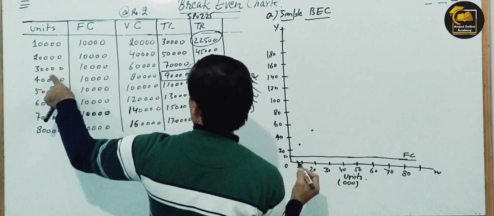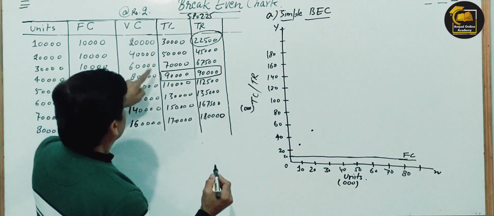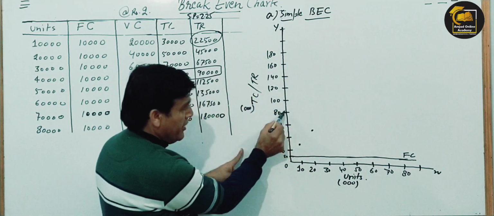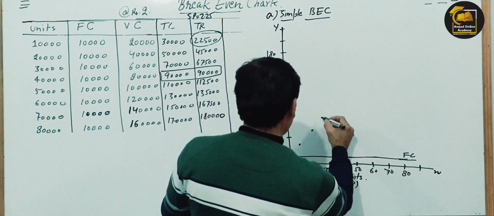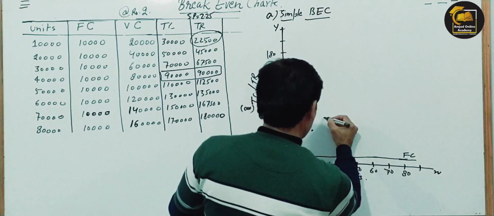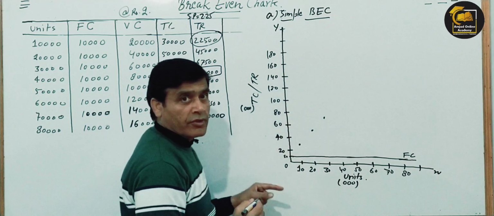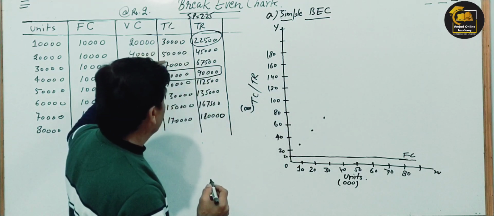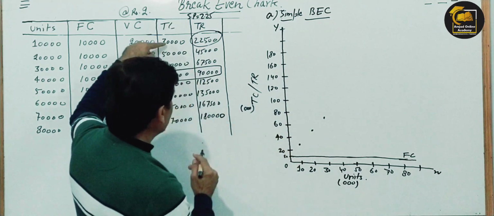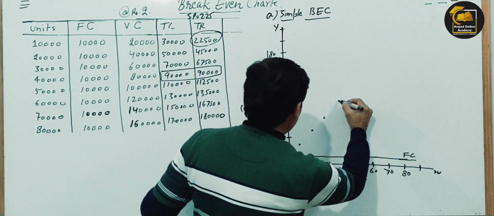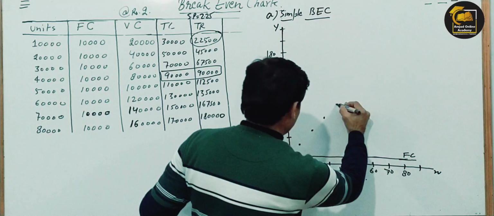Again, at 30,000 units, the total cost is 70,000. So it will be between 80 and 60,000, like this here. So if you keep pointing out these figures, 30,000, 50,000, 70,000, you are observing there is an equal difference, you are going to point it like this here.